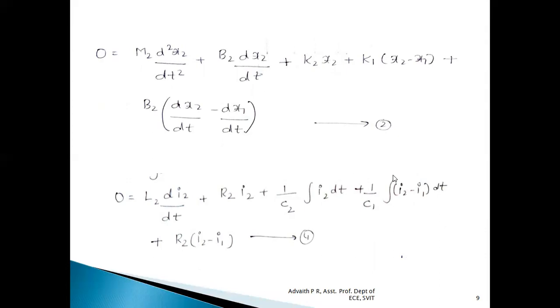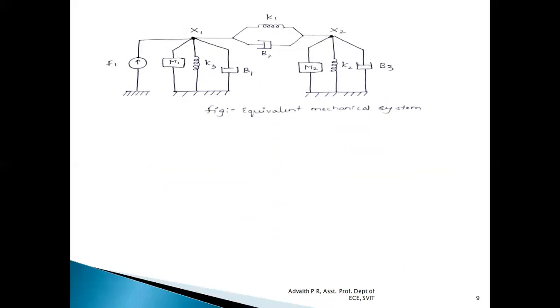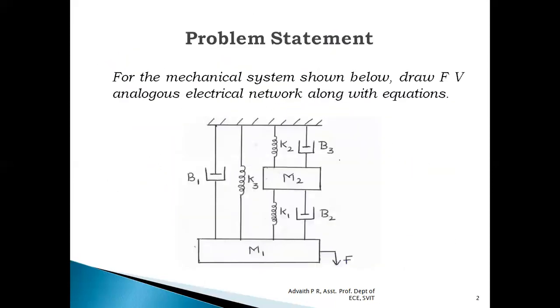After getting the equations, we have to write the analogous circuit, the force voltage analogous circuit that is asked in the problem. In force voltage analogy, one important thing which we have to notice, if we observe the main diagram here, the force acting on these elements are different. Different forces are acting on different elements. With respect to mass m1, different forces acting. With respect to b1, k3, different forces acting.